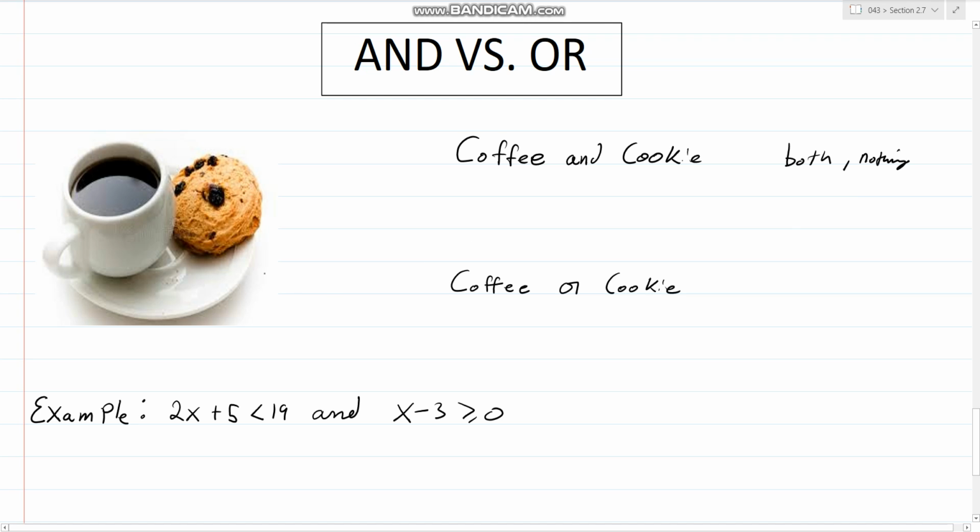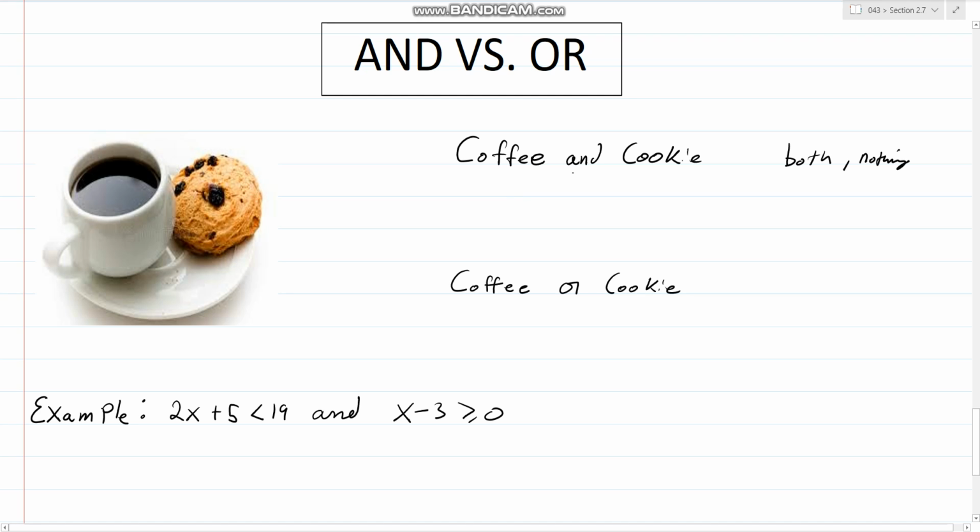So it's not how we use it in everyday language. Generally, if someone asked you, can you get me a coffee and a cookie? If they ran out of cookies, chances are you would still get that person a coffee. But in math, it has to be both or nothing, okay? If they don't have coffee, I don't want a cookie.